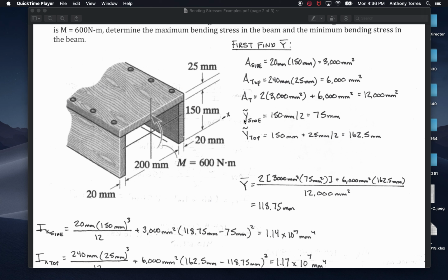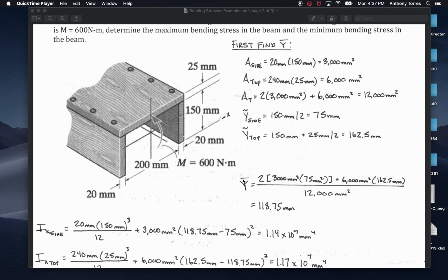Now I need the y squiggle, and I'm measuring it from the base right here. I've drawn a little X as my measurement location. For the side, this is a rectangle, so it's 150 divided by 2, so that's 75. For the top, 150 gets me to this interface, and then it's a rectangle, so 25 divided by 2, so 150 plus 25 divided by 2 is equal to 162.5 millimeters.